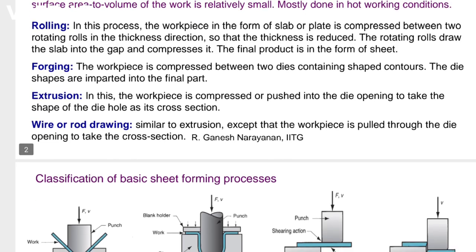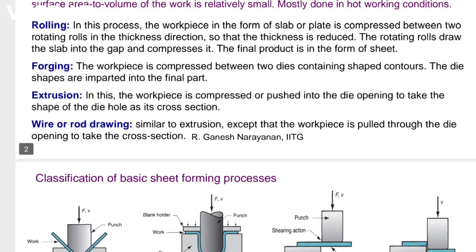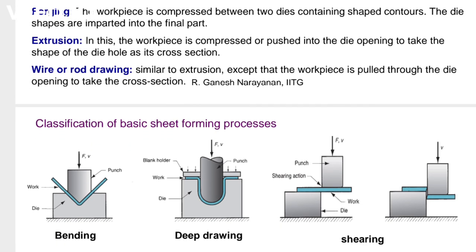Forging. The workpiece is compressed between two dies containing shaped contours. The die shapes are imparted into the final part. Extrusion. In this, the workpiece is compressed or pushed into the die opening to take the shape of the die hole as its cross section.